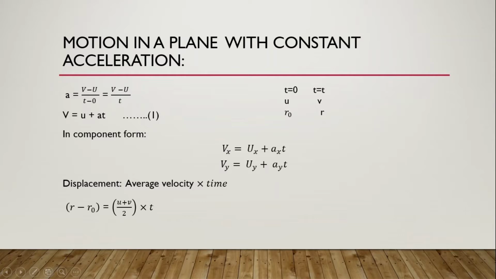That is, acceleration is the change of velocity with respect to time. Here, what is the change? The final velocity v minus the initial velocity u, divided by the final time t minus the initial time 0, which is equal to v minus u divided by t, right?